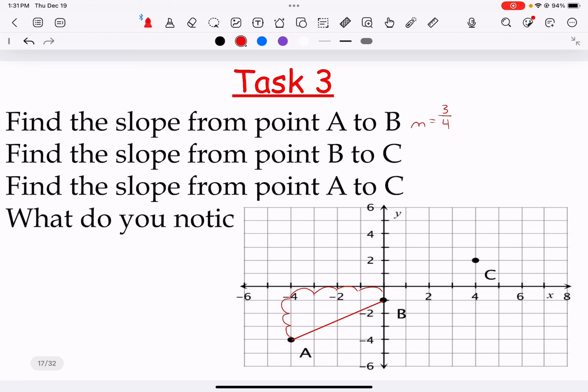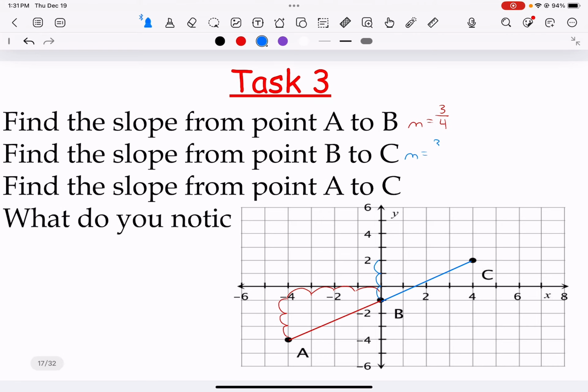So my slope for A to B is 3 over 4, 3/4. Now for B to C, I'm going to still find my slope. I know it's positive, still going up. So I go up 1, 2, 3. And then my run is 1, 2, 3, 4.